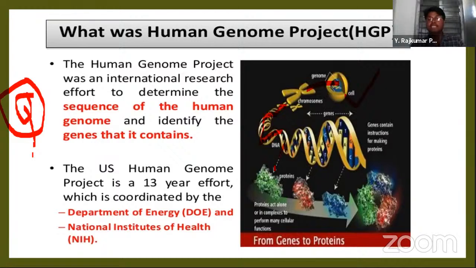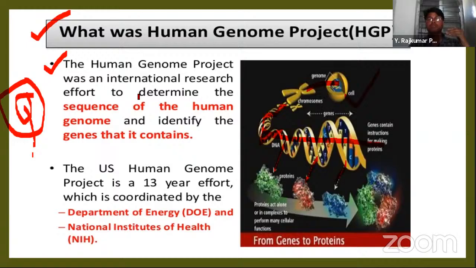Each gene produces certain proteins, and these proteins may work as hormones or enzymes or anything else. So knowing about all the genes which are present in our chromosomes is the project, that is the Human Genome Project.